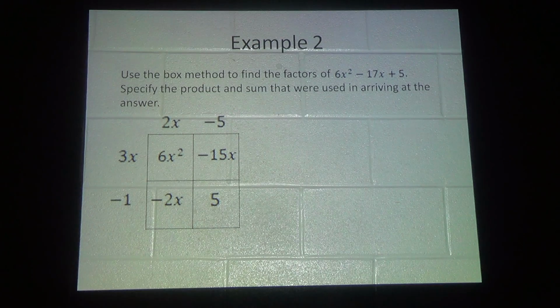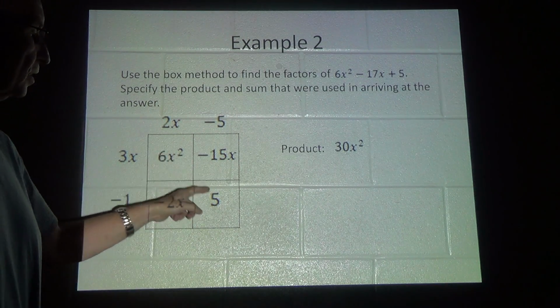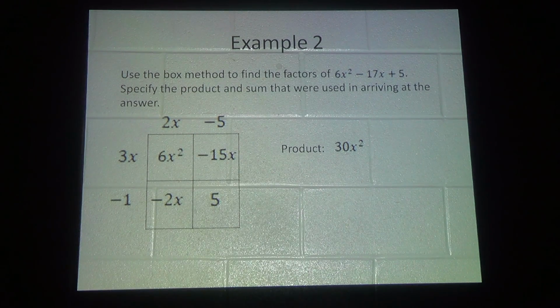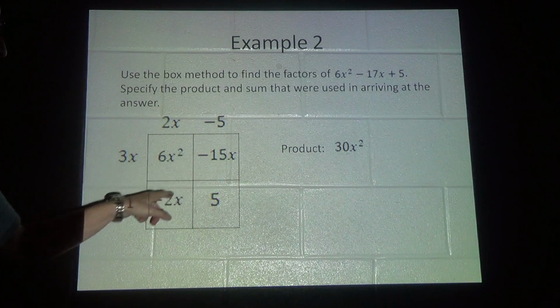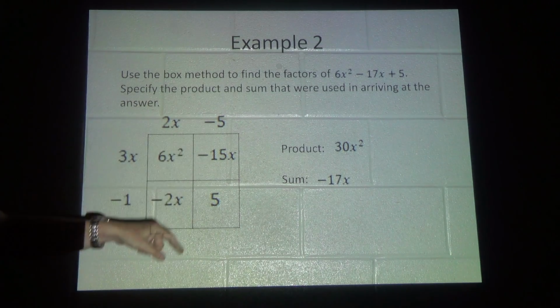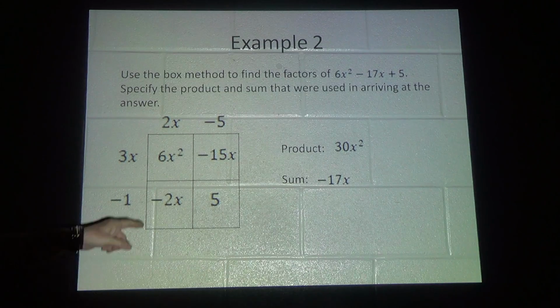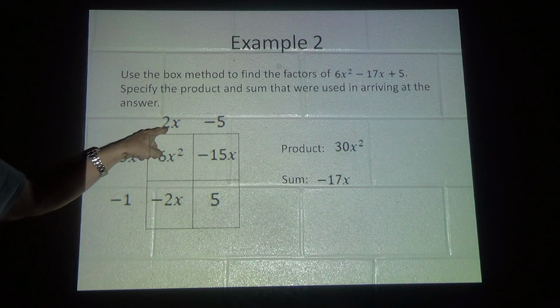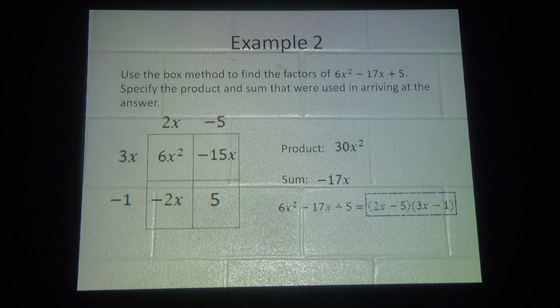This is what we end up with when we get all the GCFs. 6x squared times 5 is 30x squared. The sum is going to be these two added together, so that gives me negative 17x. The terms that are going to multiply together to give me this trinomial are 3x minus 1 times the quantity 2x minus 5. So this is what we would have as our total answer here.